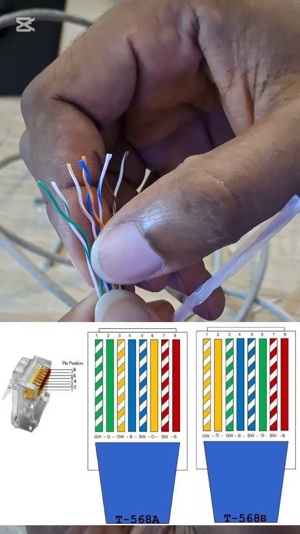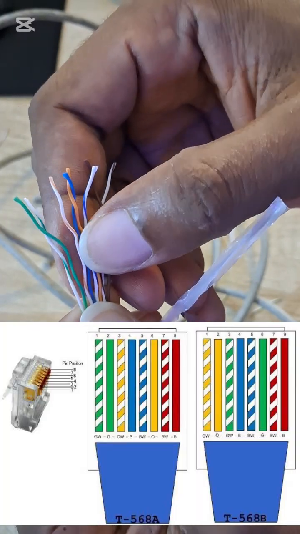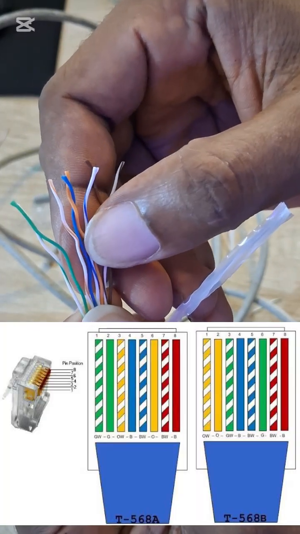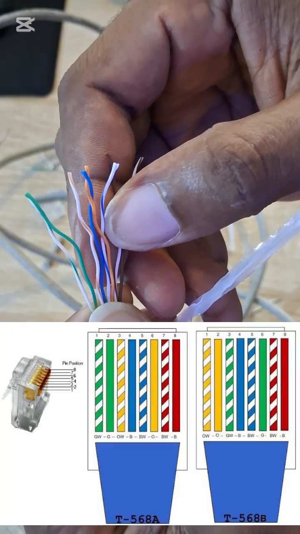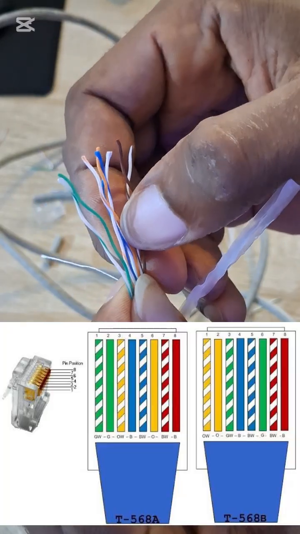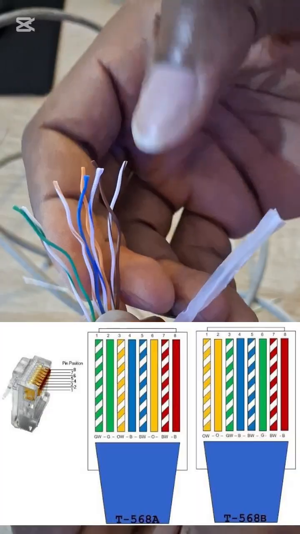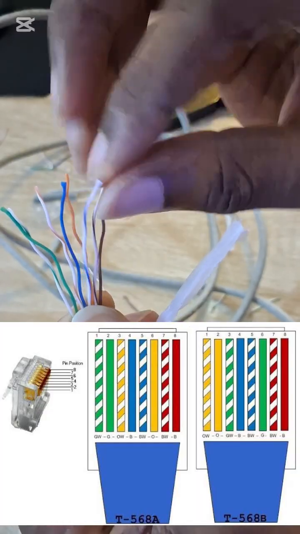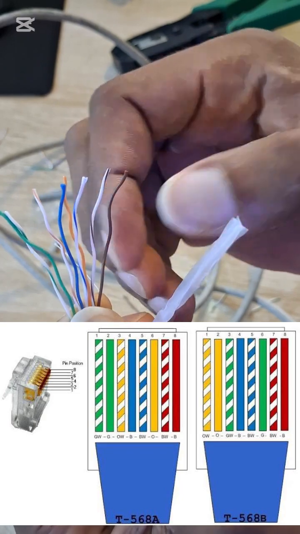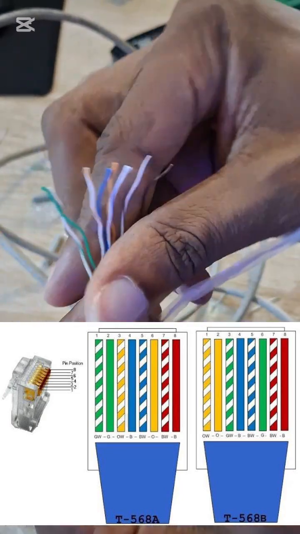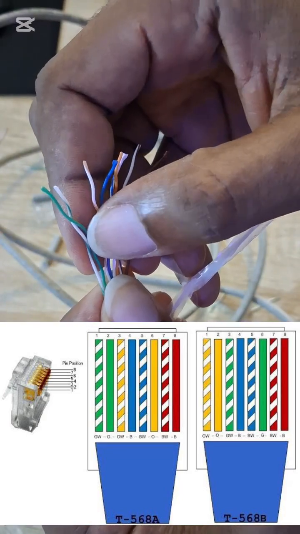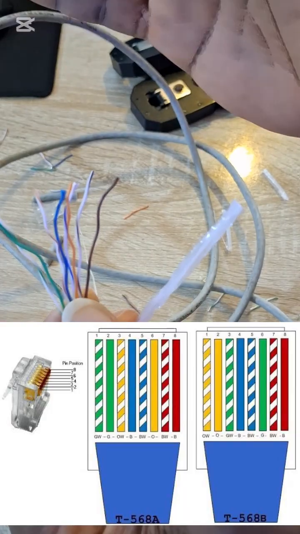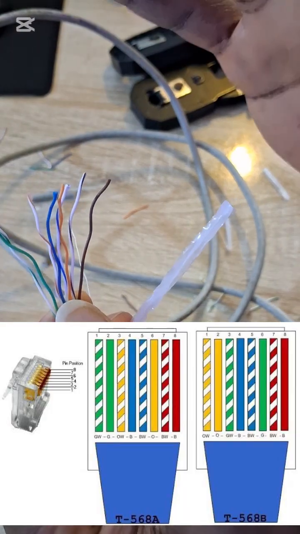Type A is white green, green, white orange, blue, white blue, orange, white brown, brown. Just replace, wherever you see green, replace it with orange. Every other one remains where it is.